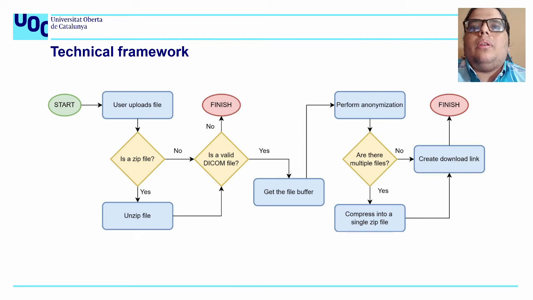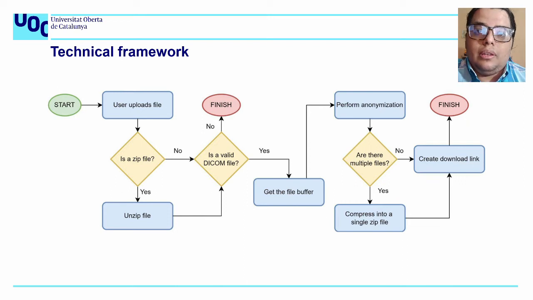One is when the file is a zip file: the file gets unzipped and all the valid DICOM images that are inside that zip file get added to the queue. If it is not a zip file, then it is a DICOM file, and it gets added to the queue.